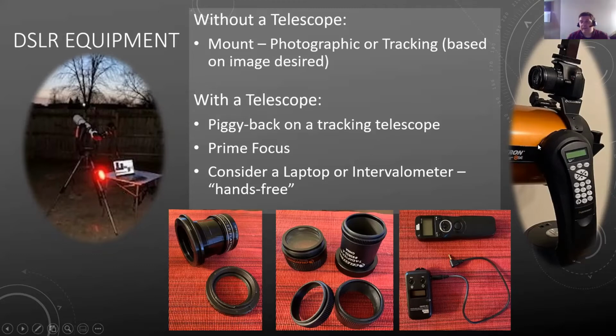With the Schmidt-Cassegrain that I have here, you still need a T adapter to replace the eyepiece. I do have a focal reducer because it has a focal ratio of 10, and that's 8 inches, 2000 millimeter focal length. With the reducer, I can get it down to about 1200. So remember the Pleiades, I can get into the middle range.